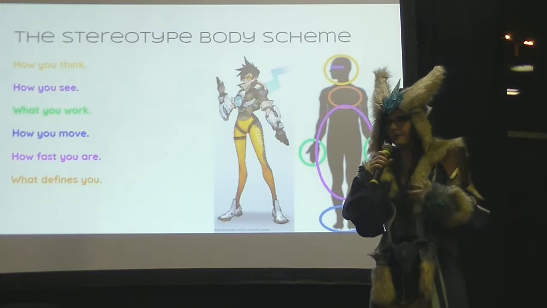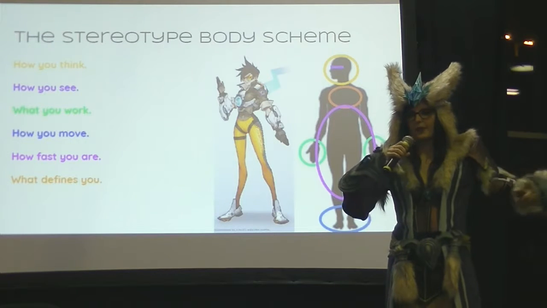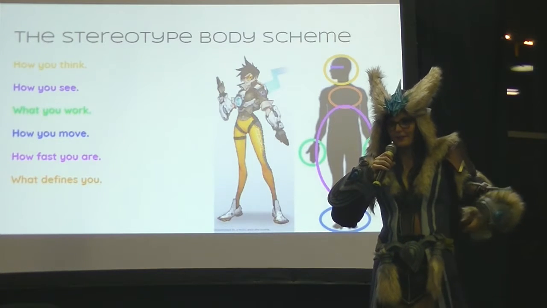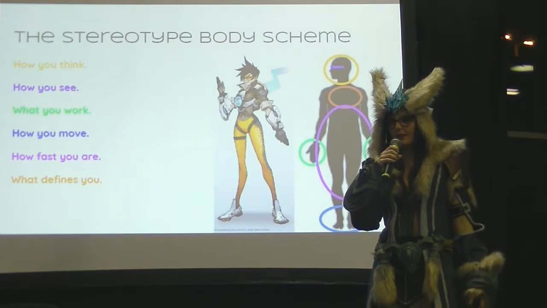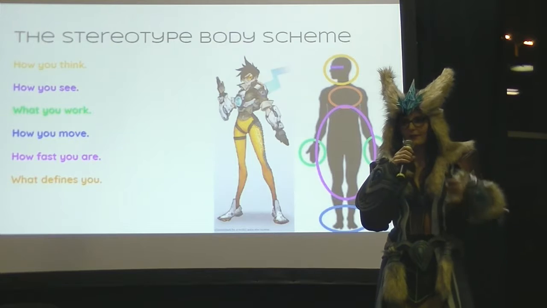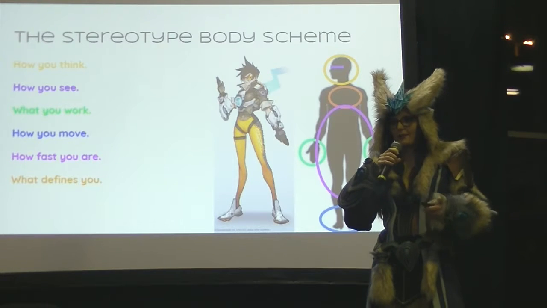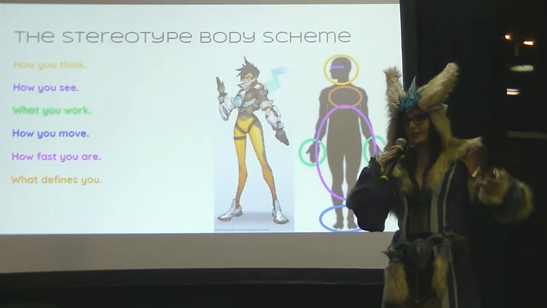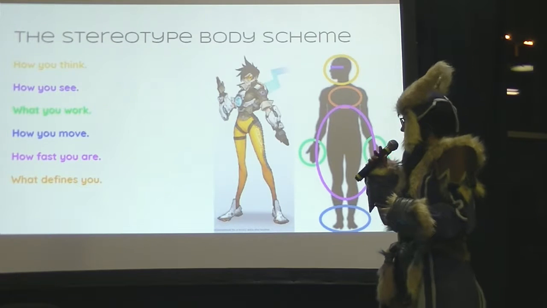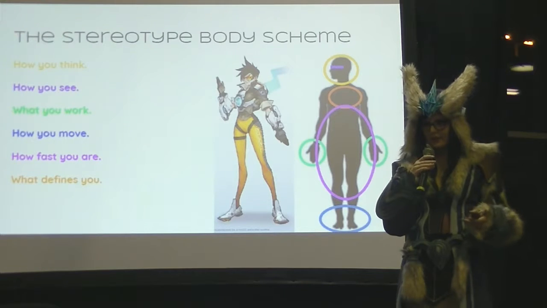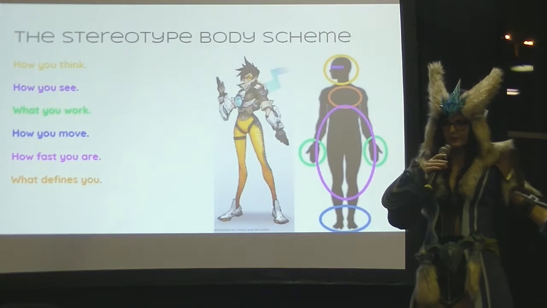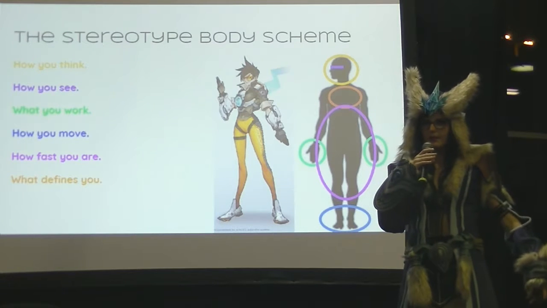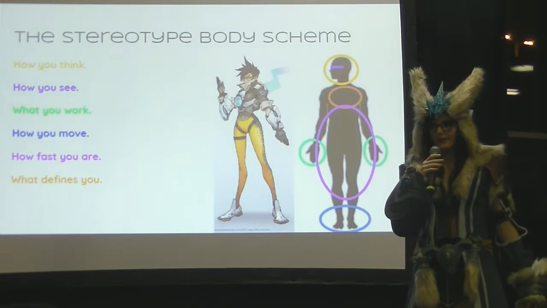But how fast somebody moves is mostly defined by their mass. It's a basic physics rule that mass is slow. So Tracer wouldn't be looking fast and dynamic if she had a fat silhouette. It does not mean her being heavy, but if she wore a coat like Ana does, this white coat that creates this huge silhouette, she wouldn't look as fast as she does.